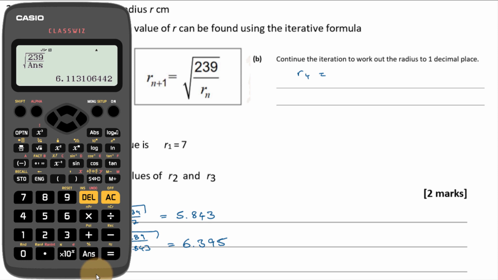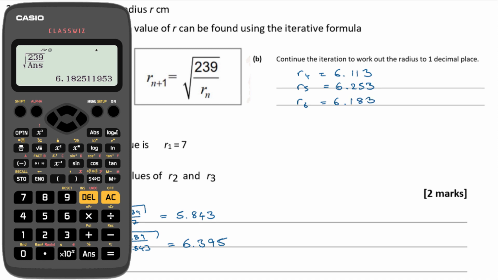And again, I'm just going to write down the first 4 significant figures, 6.113, and I'm going to keep going until it settles down. So then the next one, r_5, is equal to 6.253, and then r_6 equals 6.183.